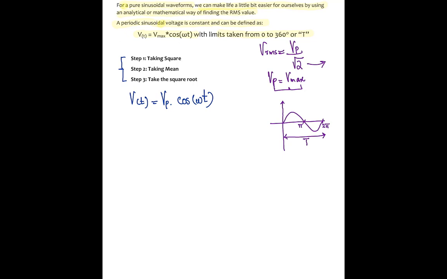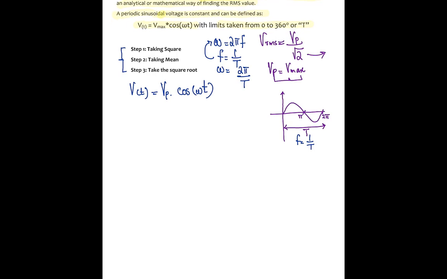Again remember omega is the angular frequency, which is equivalent to 2 pi f. Okay, f equals 1 over T, correct? So frequency is going to be 1 over T, where T is the time it takes to complete the cycle. If I put this f in this equation, I can also write omega equals 2 pi over T. So just keep this in mind and try to follow along with me.